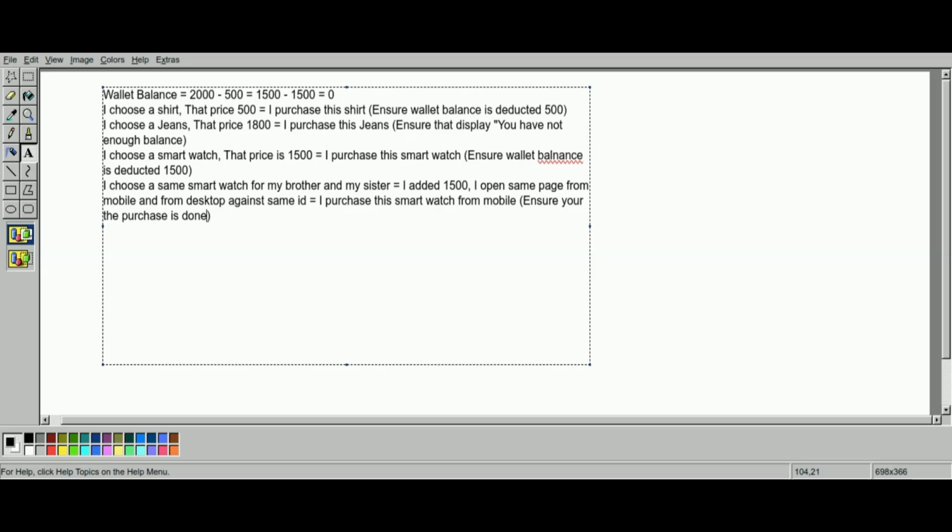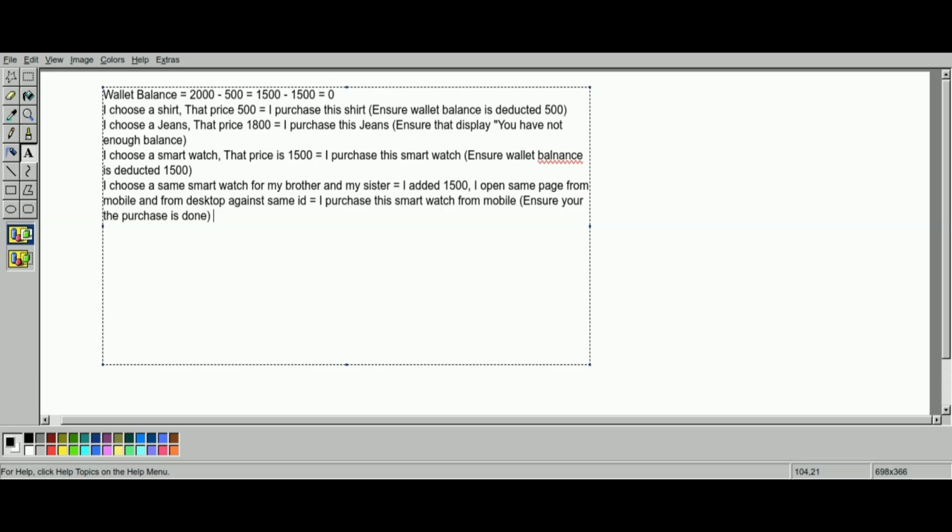Okay, and I purchase this smartwatch from mobile for my brother, not my sister. Only for my brother I purchased this smartwatch from mobile. After that I will ensure my purchase is done. But my sister's smartwatch I have not purchased till now.